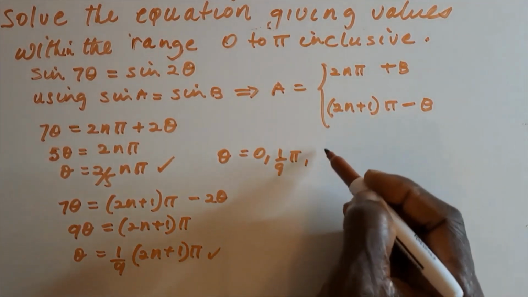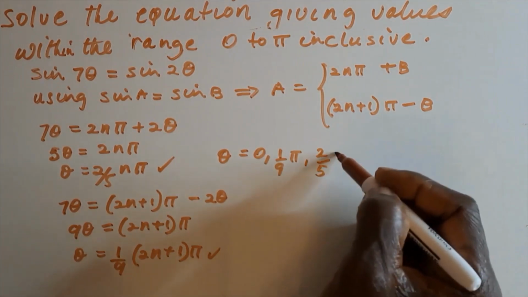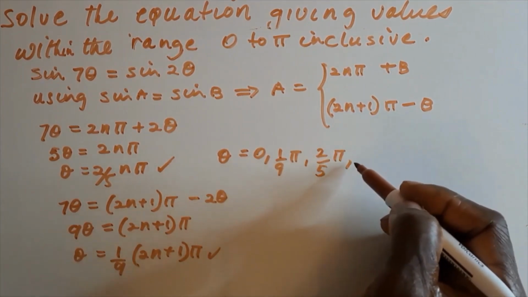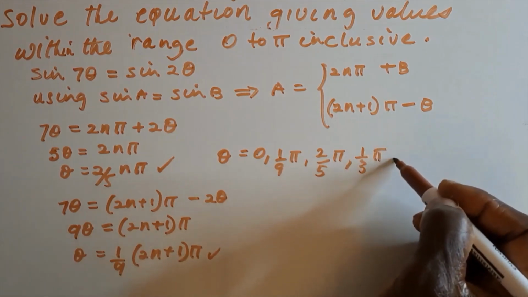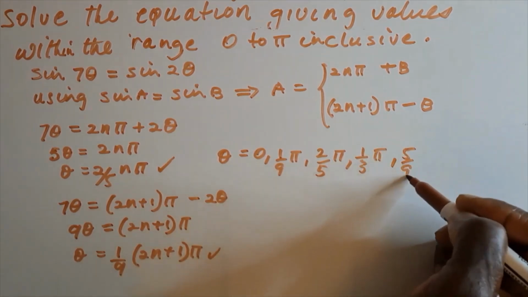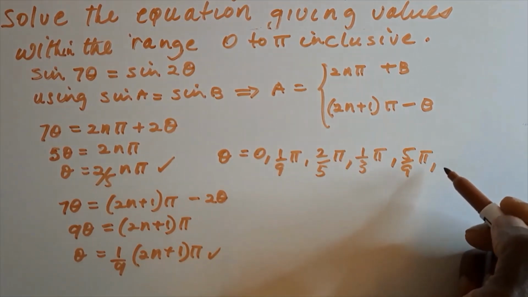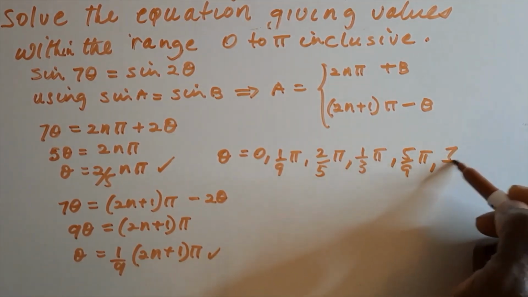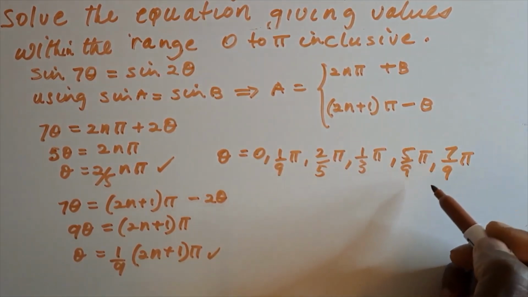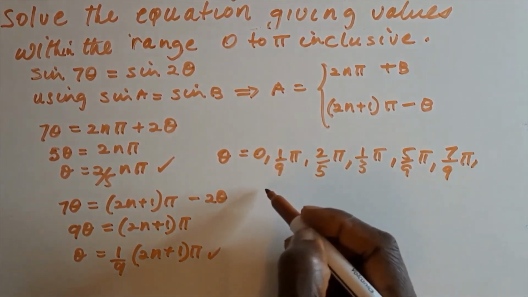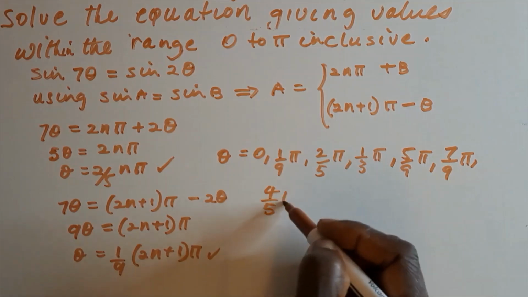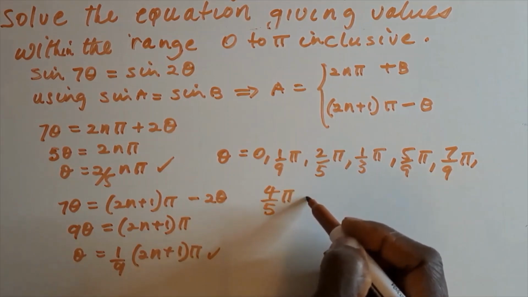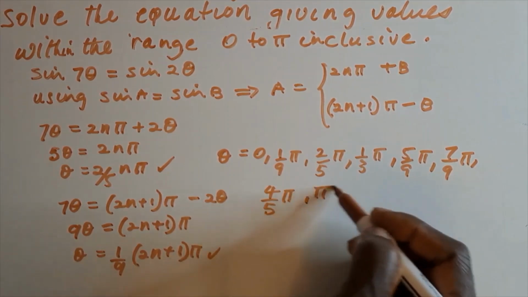After 1/9 we have 2/5 pi, 1/3 pi, 5/9 pi, 7/9 pi, 4/5 pi, and lastly pi.